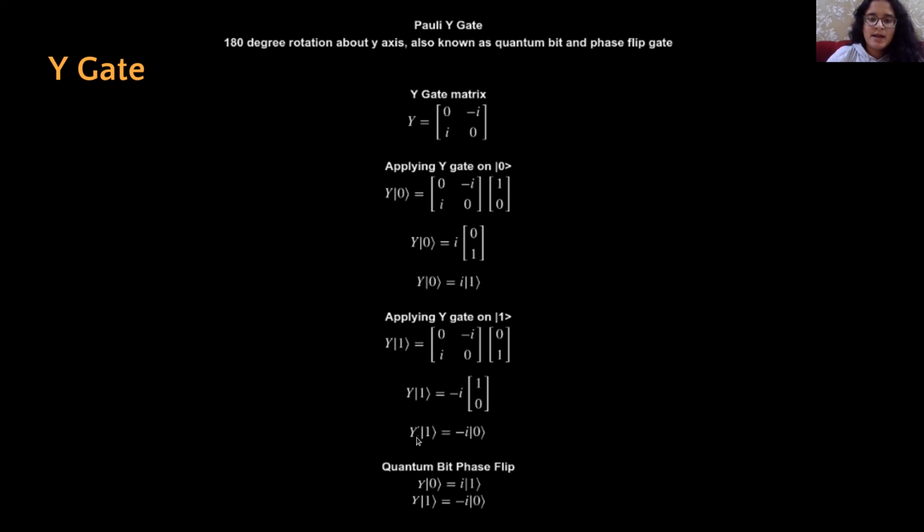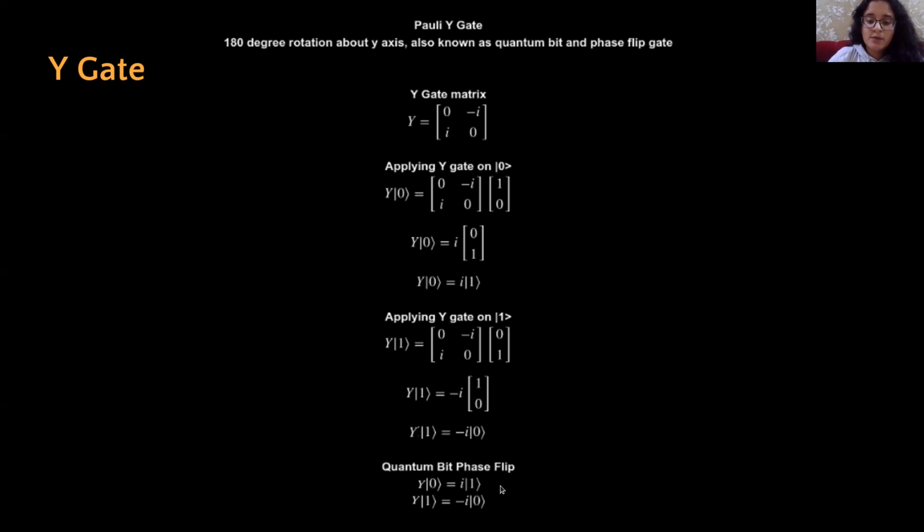And when we apply this gate on ket 1, we get ket 0 with a multiplication factor of -i. So if we look at it carefully, ket 0 gives us ket 1 and ket 1 gives us ket 0, just like the X gate. Therefore, quantum bit flip is happening over here.